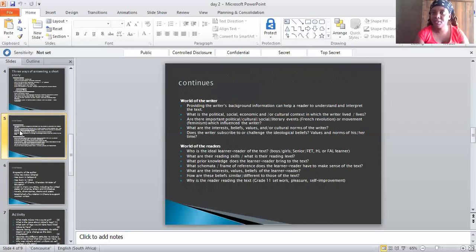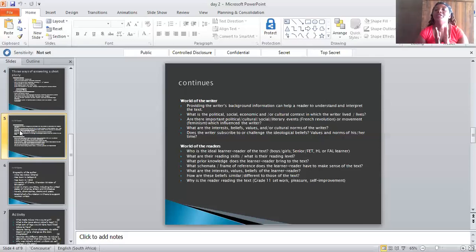If it's present, if it's future that the writer lives, are they important political events or cultural events or social events or literary events or movements which influence the writer? Is it the French Revolution that influenced the writer, or feminism that influenced the writer when writing that particular story?